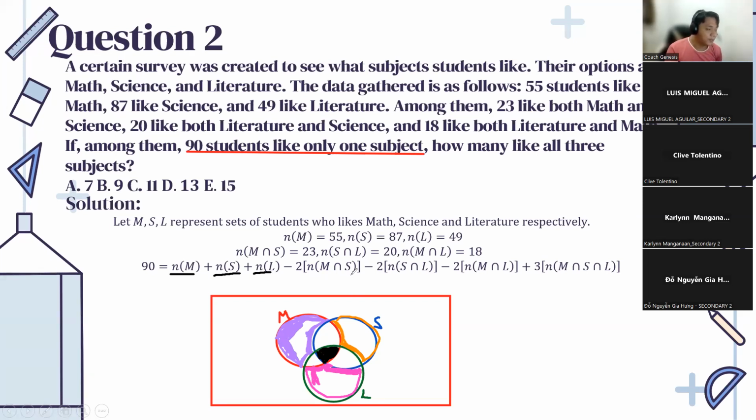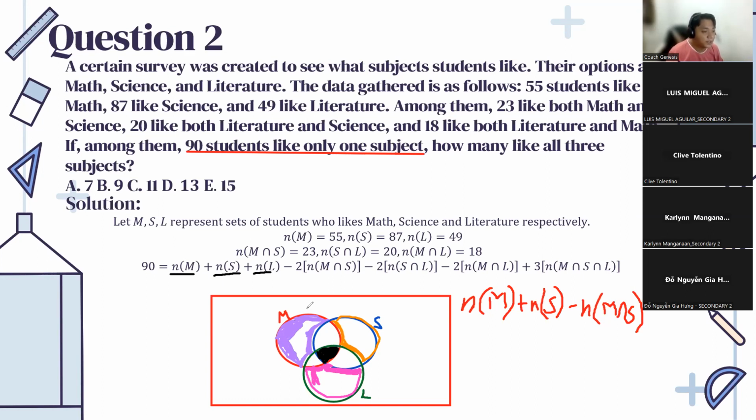Okay, so first of all, how we derive this formula is something like this. Focus on two circles, right? For two pairs of circles here, we have n of M plus, let's focus on math and science first, n of S, and then minus n of M and S. So what does this formula equate to?